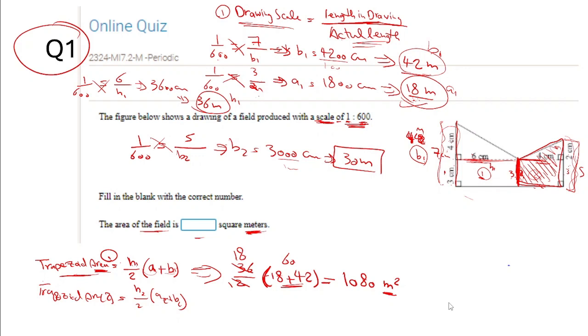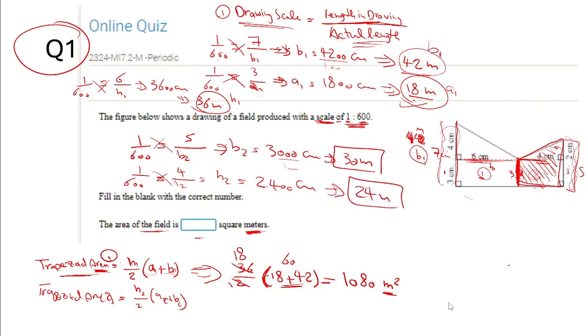Okay, now we need the height. So 1 over 600 equal to 4 divided by, this is the H2, cross multiplication, so H2 equal to 2400 centimeter converted to meter, so it will be 24 meter.